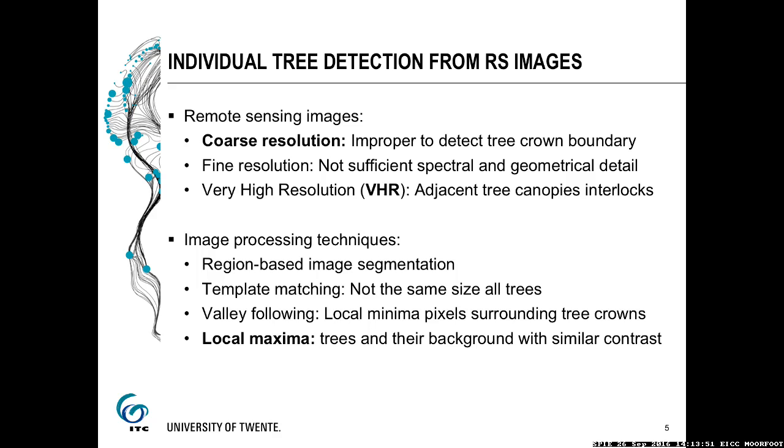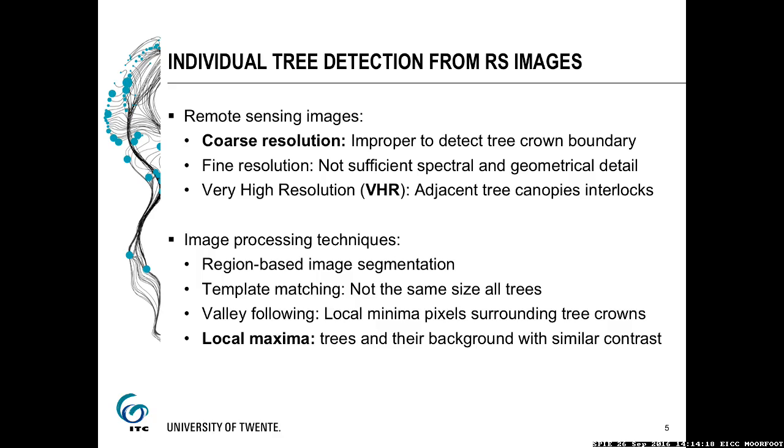There are several image processing techniques for detecting or delineating tree crown boundaries. Region-based image segmentation considers a group of pixels as one object. Template matching is not appropriate for orchards with different tree sizes, as in our case.